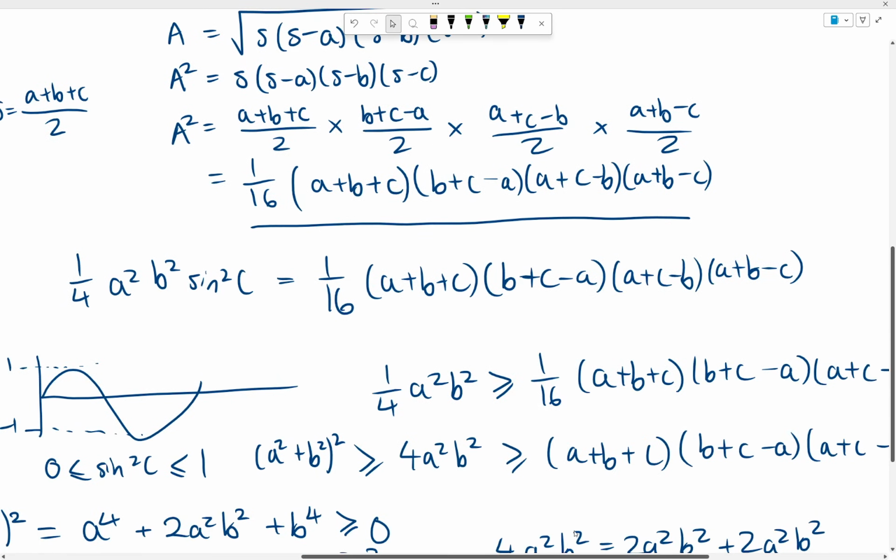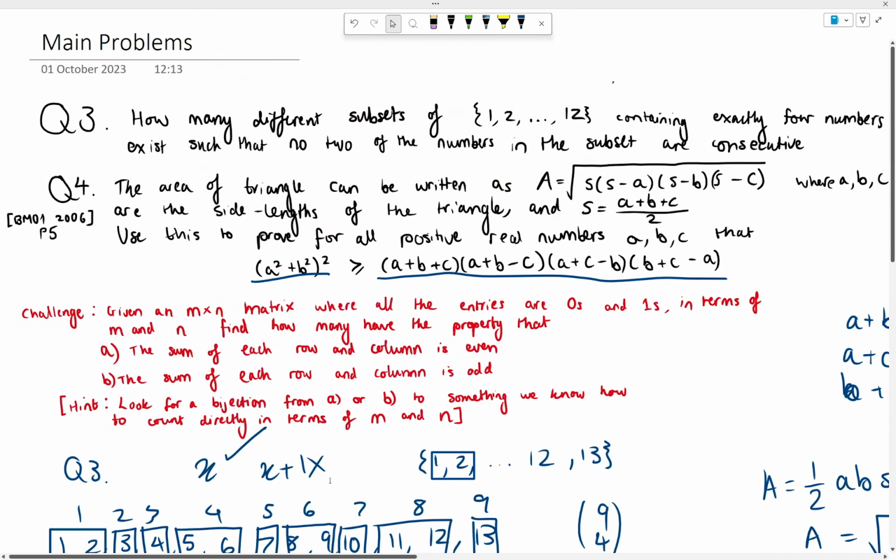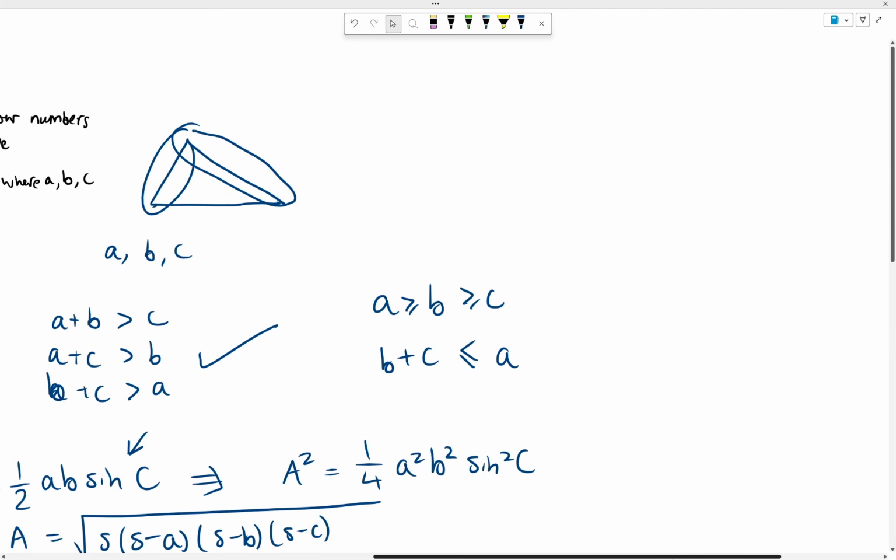Well, that would imply that this bit here is negative, but then if we look at this bit here, it's positive. So the positive thing has to be greater than or equal to the negative thing.